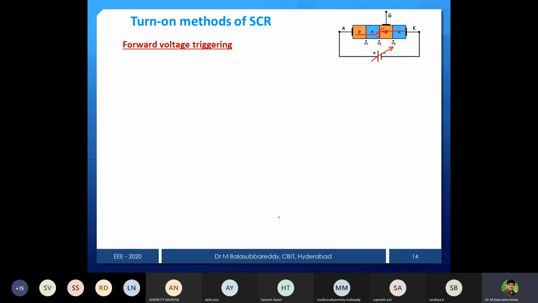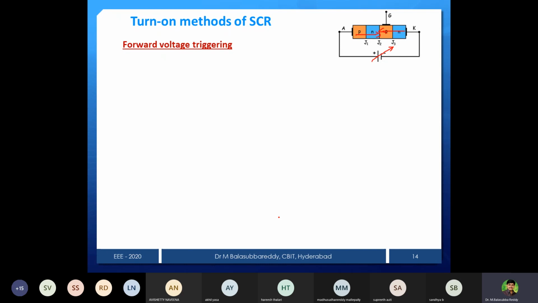When this voltage increases up to VBO, the forward breakover voltage, the junction J2 will break down.